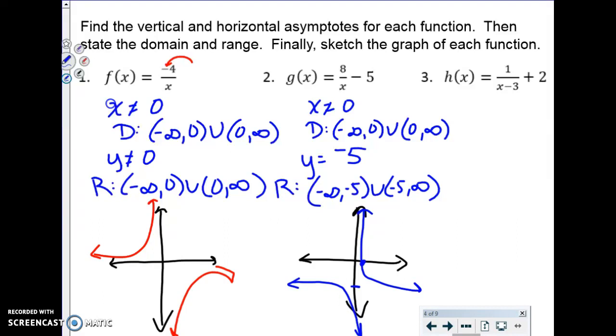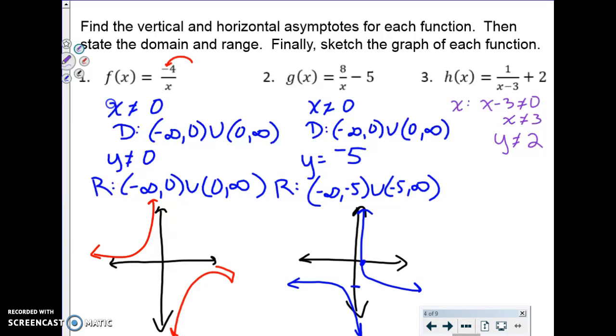Okay. Then number 3. On this one, you know that to solve for the domain, x minus 3 cannot be 0, which means x cannot be equal to 3. It also has a vertical translation up. So what's going to happen on this one is y will never be 2.